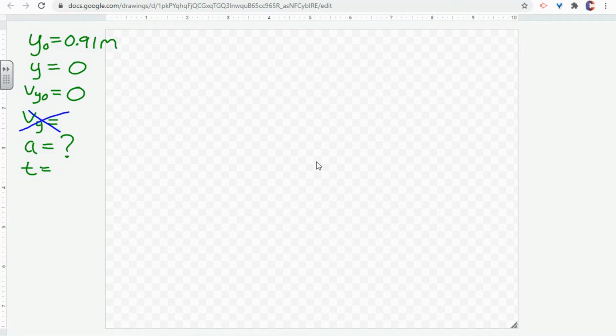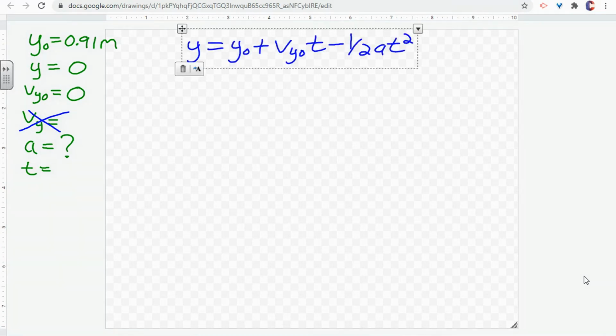If you're using your AP formula sheet, the AP formula sheet has the second kinematic equation. Now, because it's accelerating downward, I changed that plus 1/2 at squared to a minus 1/2 at squared. So now I'm going to solve for the acceleration.